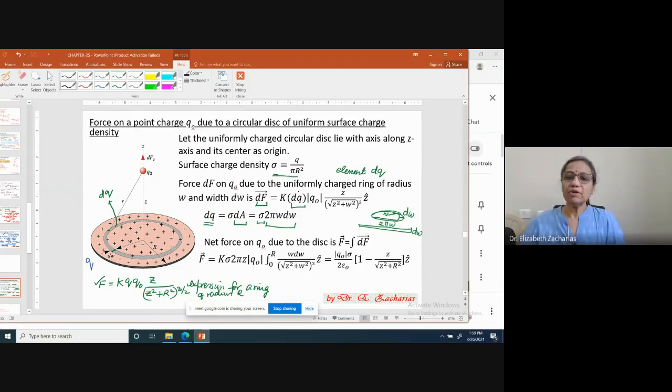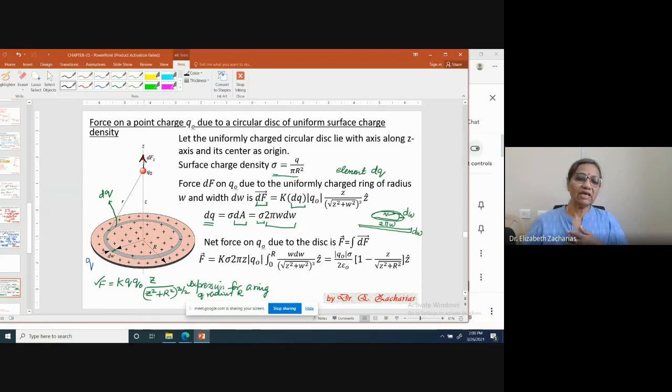Right. Now dq I have already written in terms of sigma and the dimension of the ring. Now I have to look at the direction of this force. In the last class, we have seen that the direction of this force is going to be df along the z-axis.